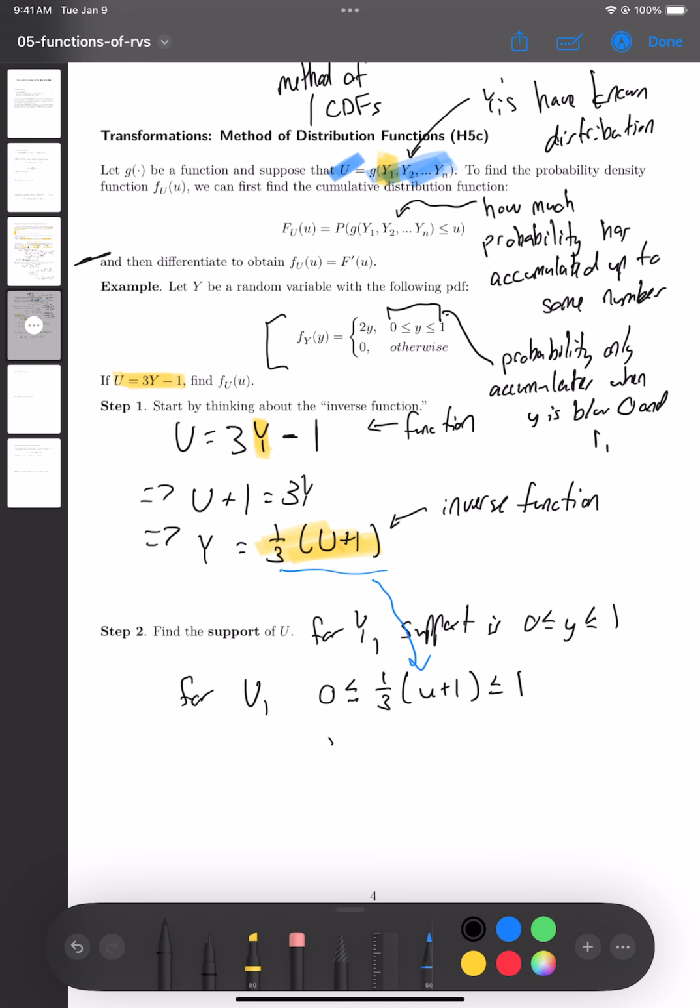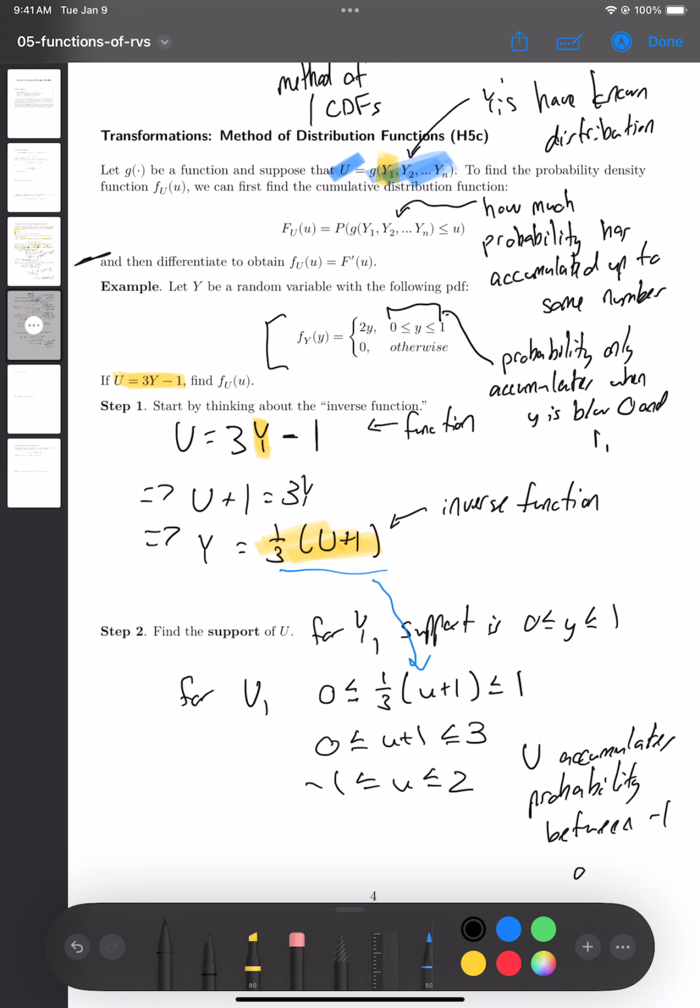If I multiply everything by 3, I end up with that. And then if I subtract 1 everywhere, I end up with the support of u being between -1 and 2. What this means, again, is that u accumulates probability between -1 and 2. Okay, so we're a little bit of the way there at least. At least we know the support of u.